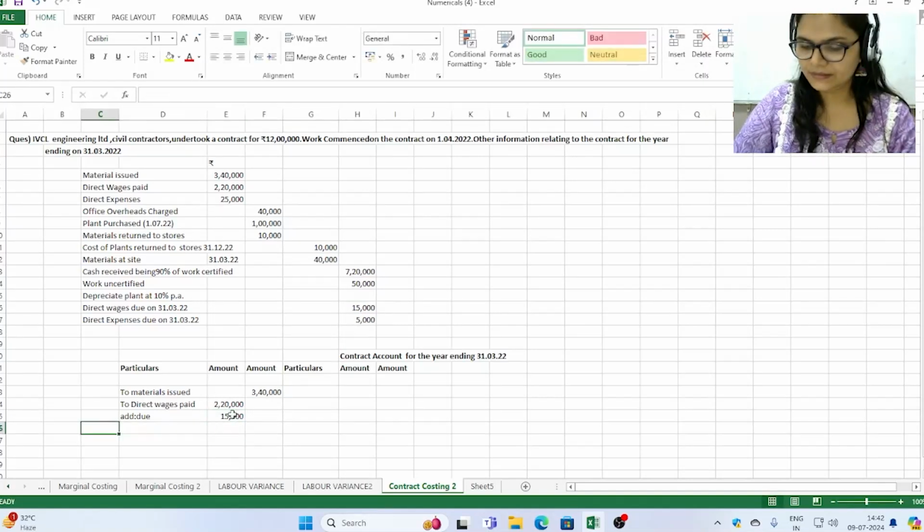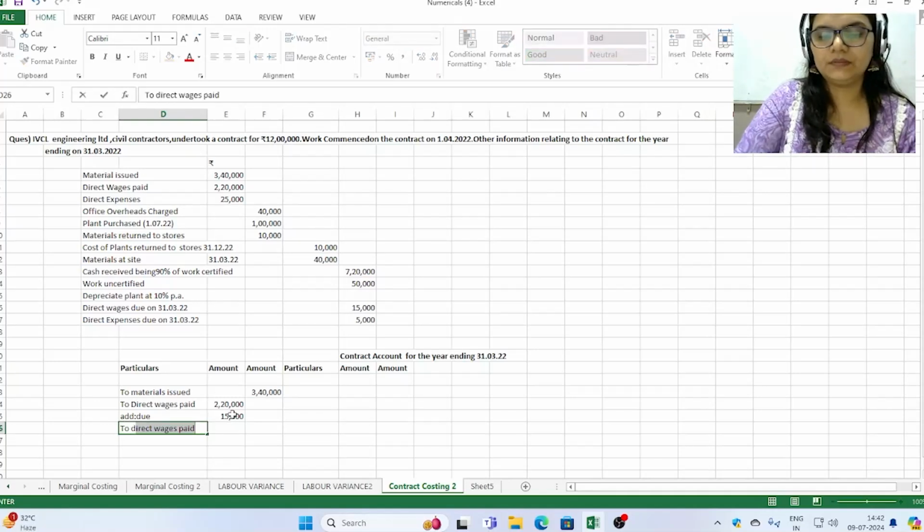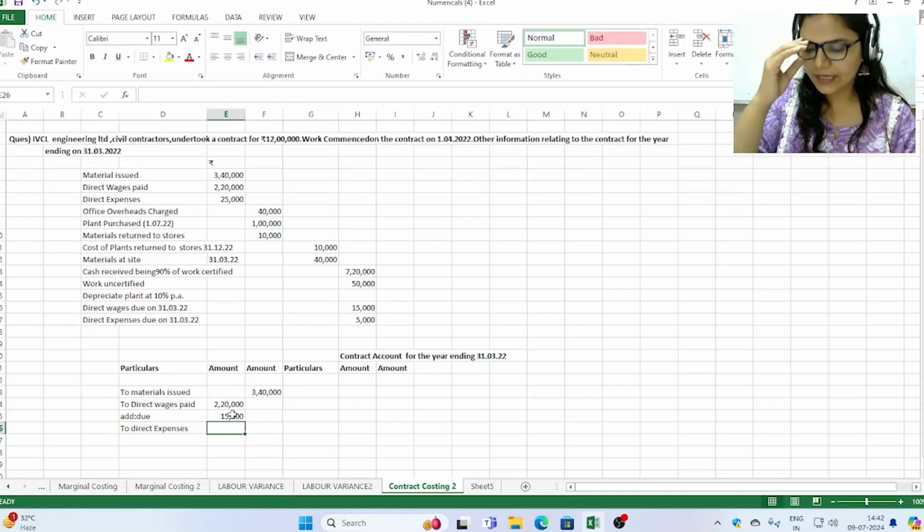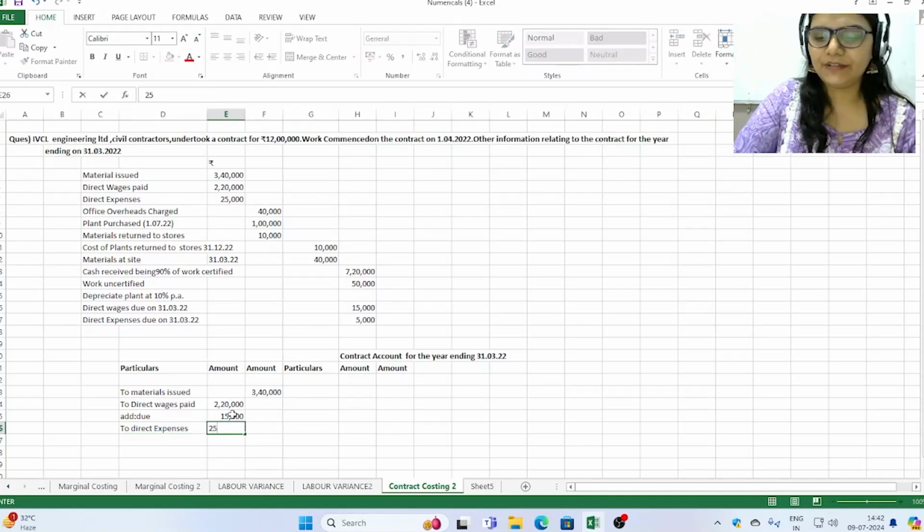Next is to direct expenses. Direct expenses are 25,000.